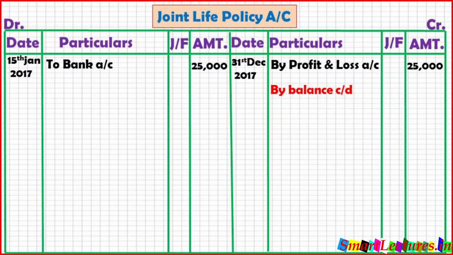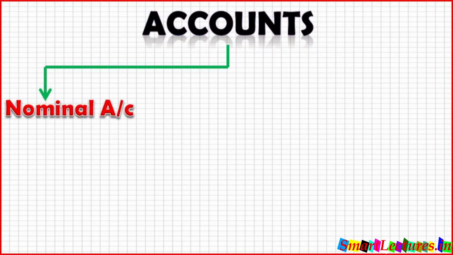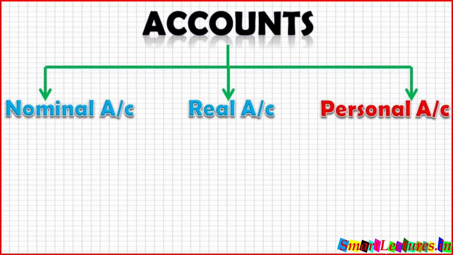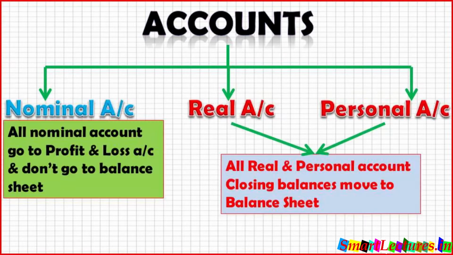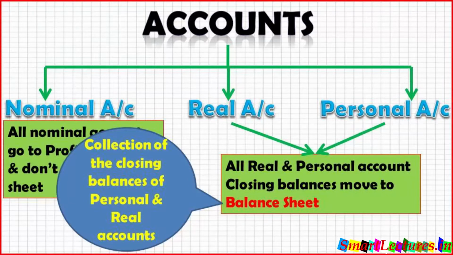Let me remind you, there are three types of accounts: nominal accounts, real accounts, personal accounts. All nominal accounts go to the profit and loss account and they don't go to the balance sheet. But all personal accounts and real accounts, their closing balances move to the balance sheet. So the balance sheet is a collection of the closing balances of personal and real accounts.